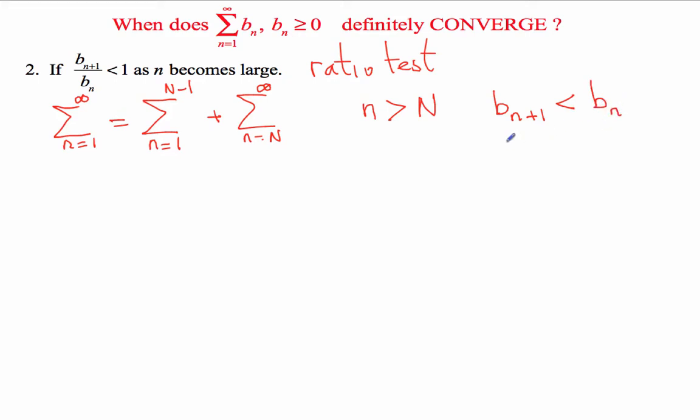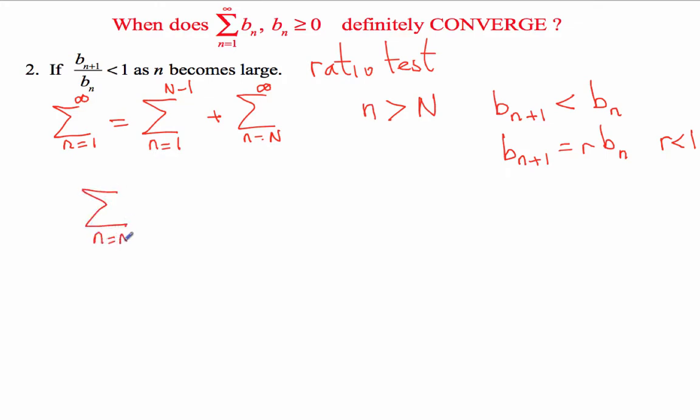To make this more definite, let's say that Bn plus 1 is r times Bn, where r is strictly less than 1, and of course we're only talking about positive numbers here. So the first part is a finite number. We don't care what it is, it's just a bunch of terms added together, and it's finite. But now let's look at the other part.